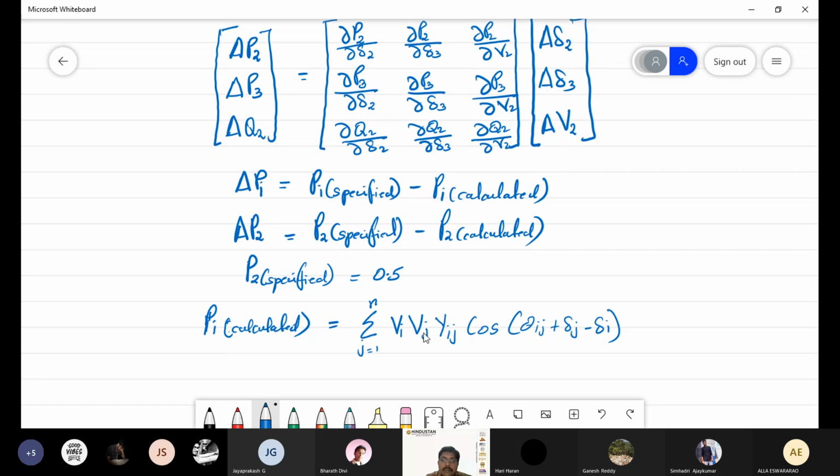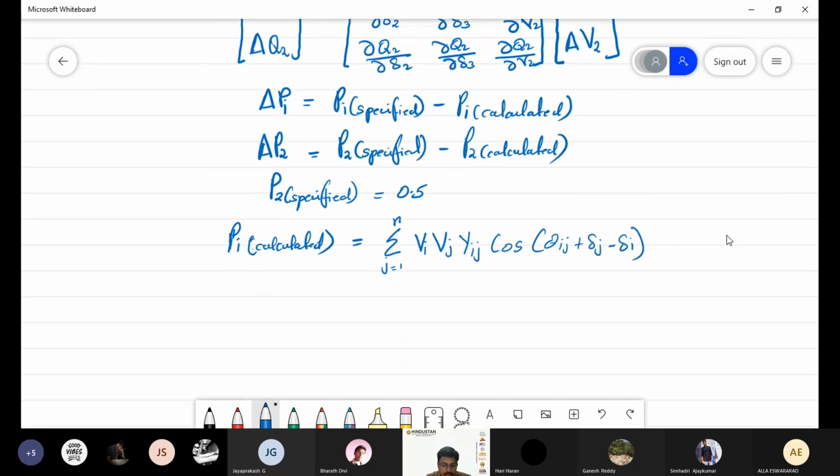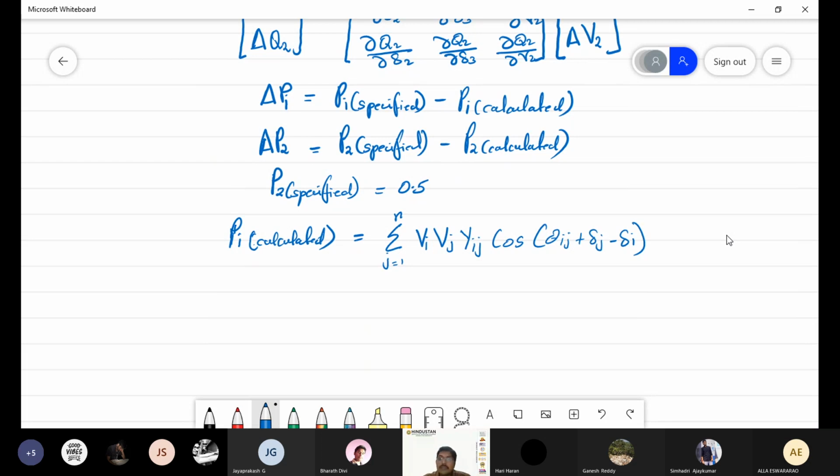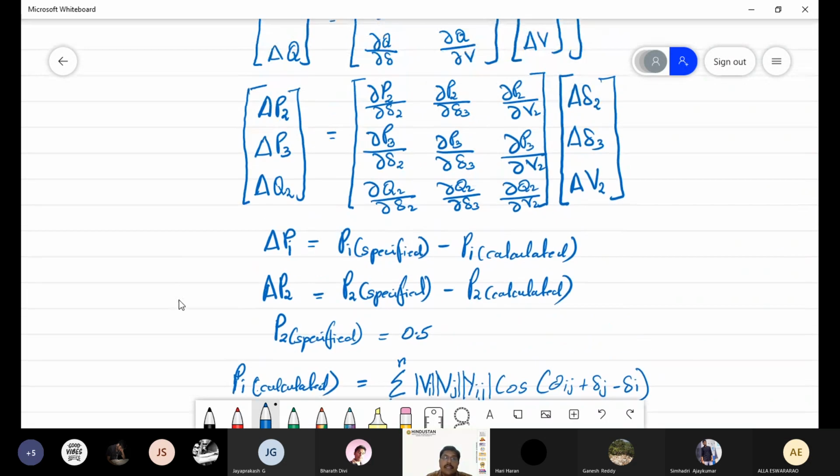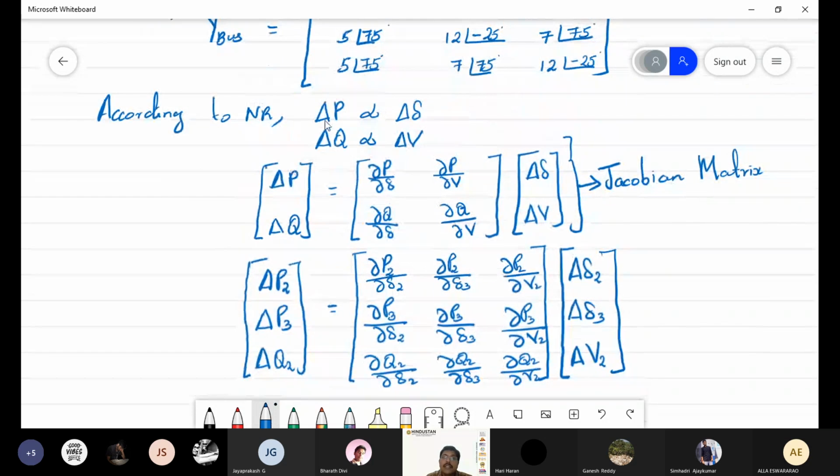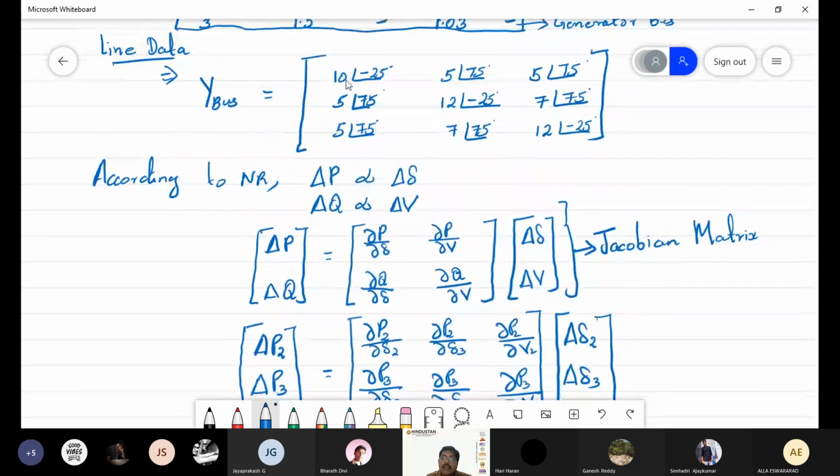So listen, that is Vi Vj Yij cos of theta ij plus del j minus del i. Here you have the modulus, which tells you the magnitude alone, and here it tells you the angle alone. That's why we keep everything in magnitude as well as angle. The Y bus also is in magnitude as well as angle.